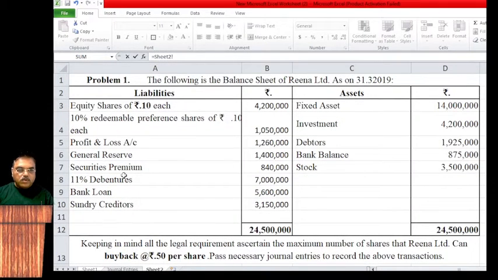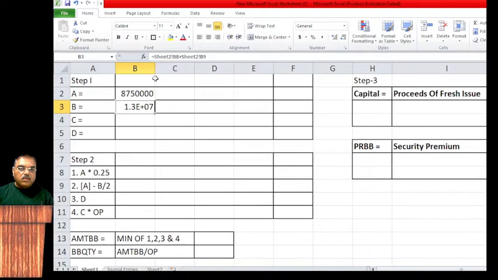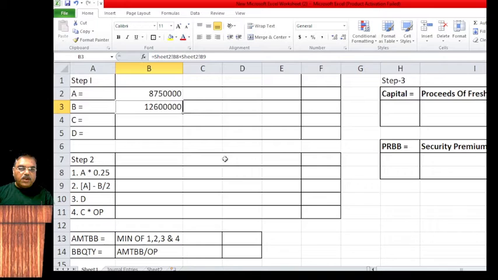Here, this plus this. Yes, it comes to 1 crore 26 lakh.